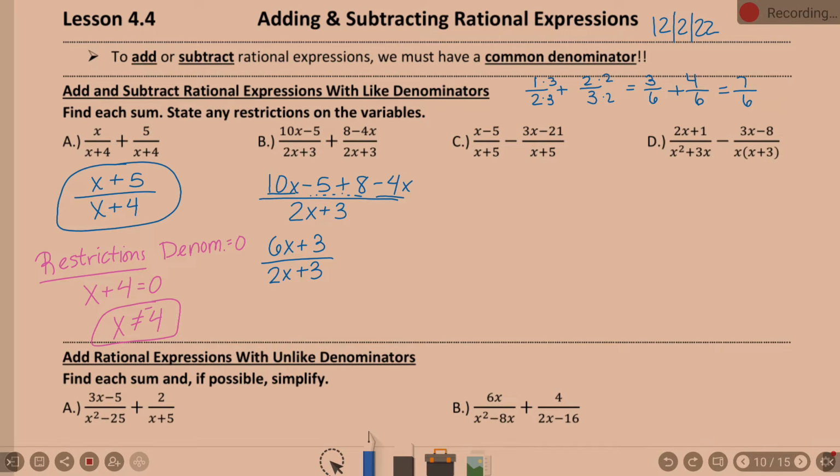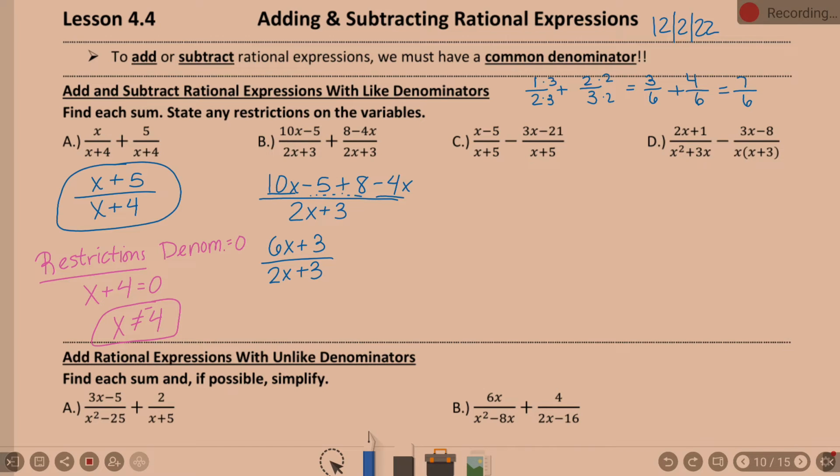One thing you need to be doing when you get to final answers. It won't always make a difference, but we always need to be checking: is there any factoring I can do here? Because if there's factoring to do, it might lead to canceling. Does 6x plus 3 factor? It's 3x plus 2, right?